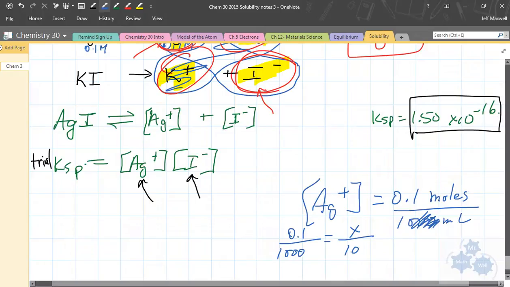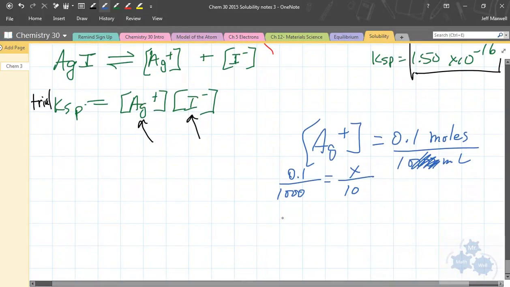The other thing you could do is, I think I might have mentioned this last year, concentration times volume of the first solution is concentration times volume of the second. So if we have 0.1 molar in 10 milliliters, C1V1 equals C2V2.